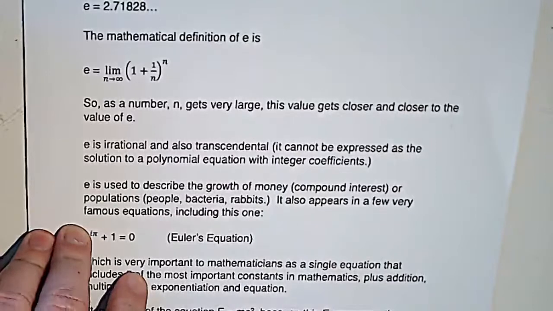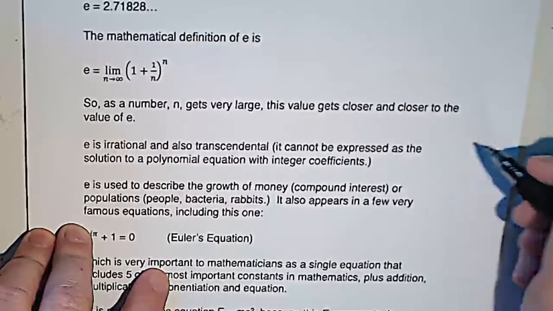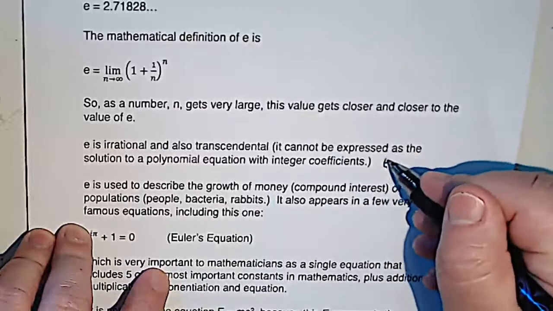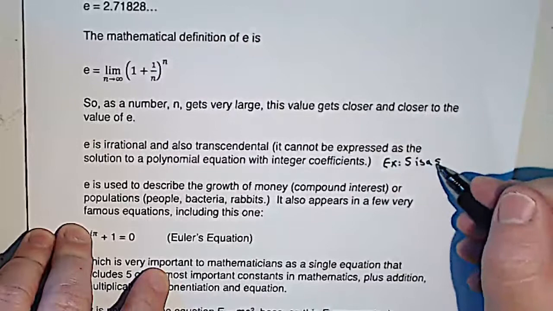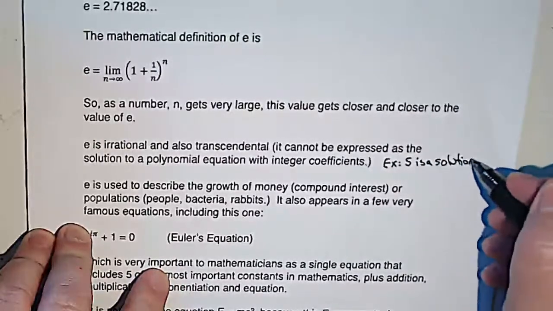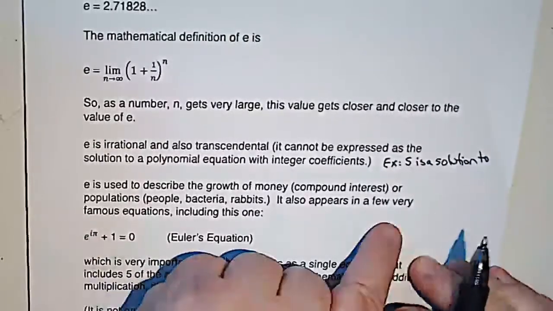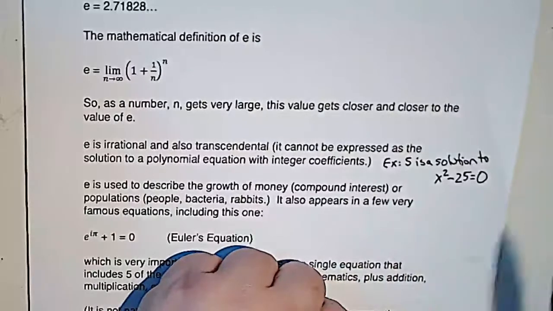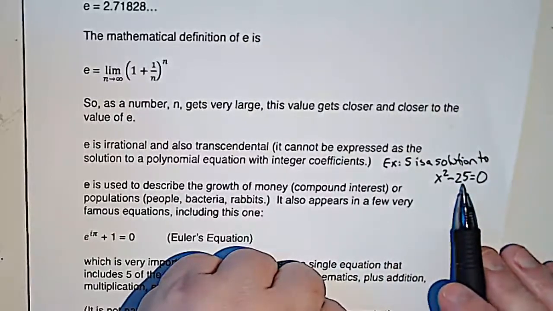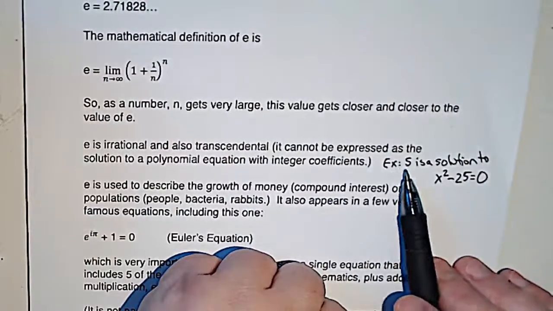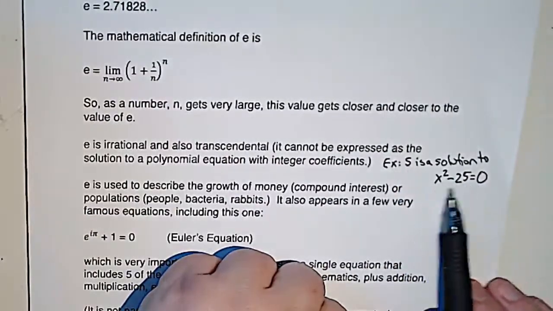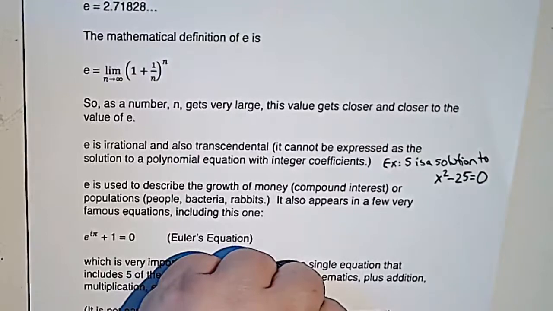For example, if we were in class, I'd say, give me a number, and you might give me the number 5. So the number 5 is a solution to x squared minus 25 equals 0, right? Because 5 squared minus 25 is 0. There you go. So we can write 5 like that.